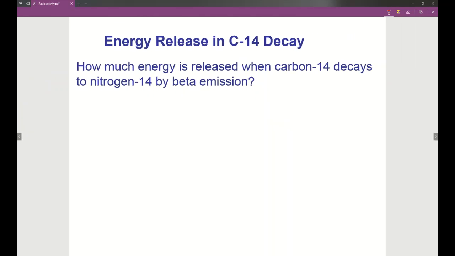So let's do a little bit more problems over here. What is the energy that is released when carbon-14 decays into nitrogen-14 by beta emission? So we know that we're trying to find the change in mass that occurs. So we know the change in mass is just equal to, well, let's think about it here.